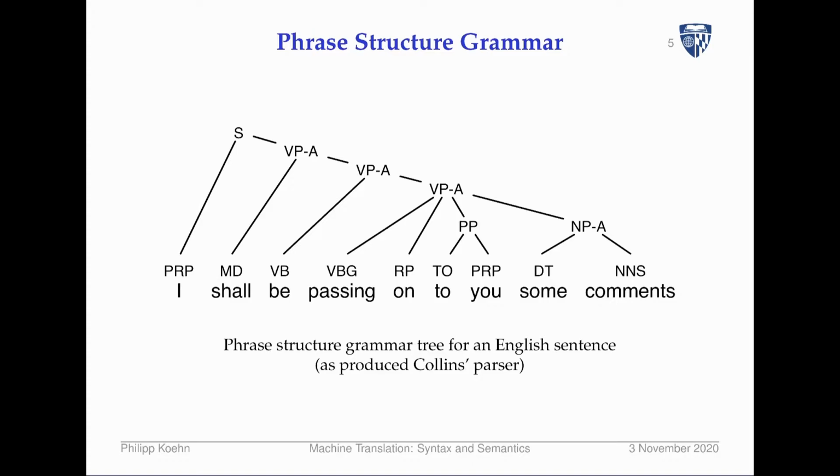So we have here a noun phrase, here we have a prepositional phrase, and then we have this verb phrase here, which is kind of built in stages. And then the sentence is the combination of this pronoun and a verb phrase forming the sentence node.